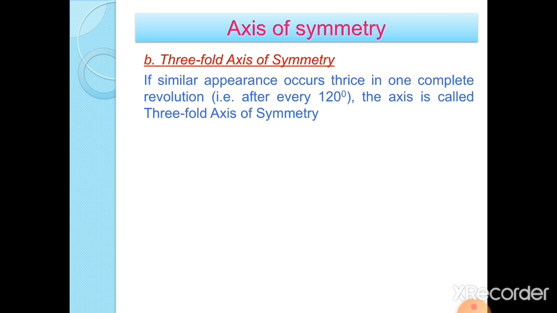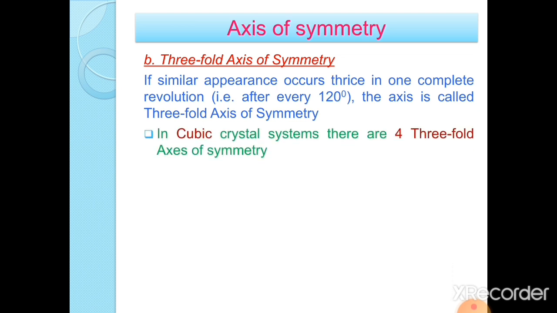Next, let us see about three-fold axis of symmetry. If similar appearance occurs thrice in one complete revolution, that is after every 120 degree, the axis is called three-fold axis of symmetry.